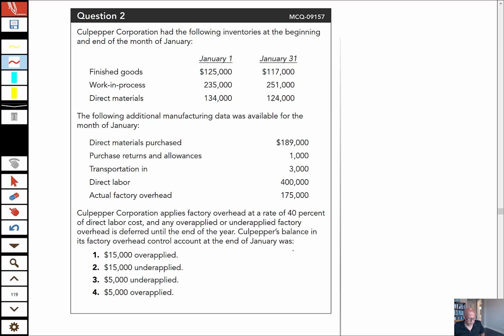But let's look at what they call the call of the question down here and see what they were looking for. We've got this Clubbard Corporation, and they apply factory overhead at a rate of 40% of direct labor cost. Any over-applied or under-applied factory overhead is deferred until the end of the year, and Clubbard's balance in its factory overhead control account at the end of the year was.